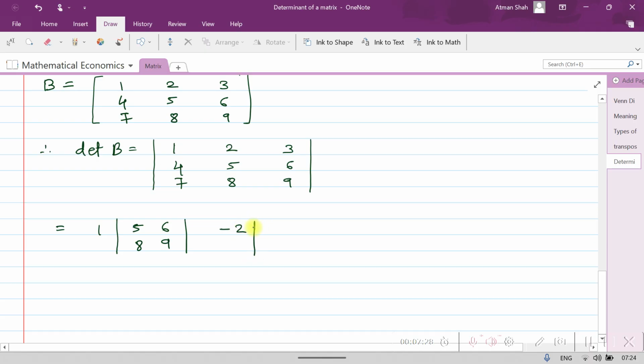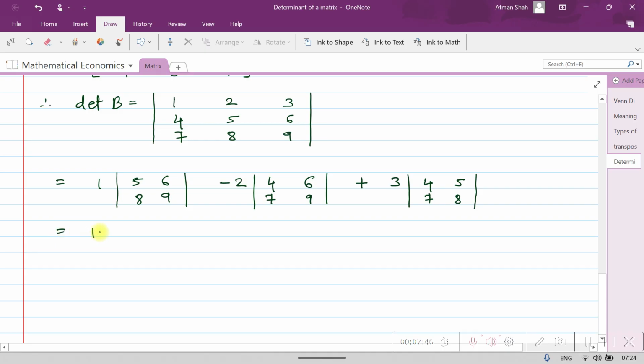Hide the first row and second column. The remaining part is 4, 6, 7, 9, plus 3. Hide the first row and third column. So 4, 5, 7 and 8.